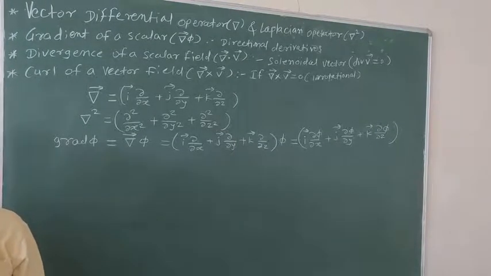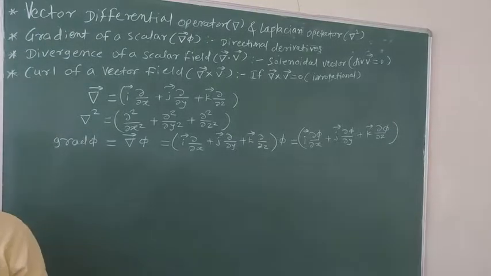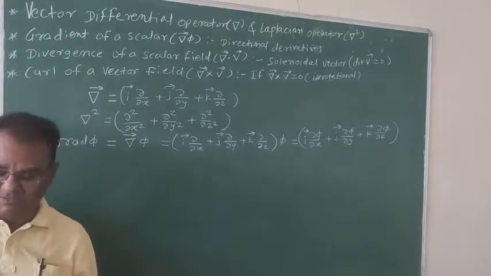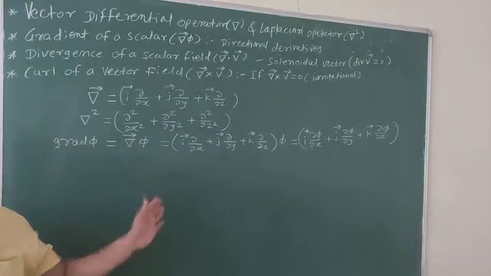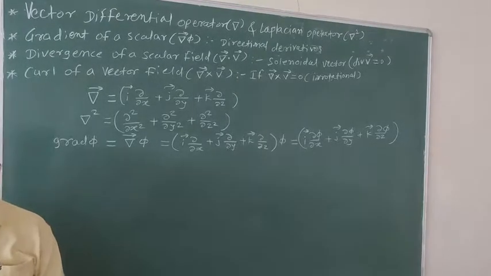That means the gradient of a scalar field is a physical concept which is independent of any particular system of coordinates. That is, gradient is invariant. In another way, the gradient of phi, del bar phi, indicates the directional derivative.